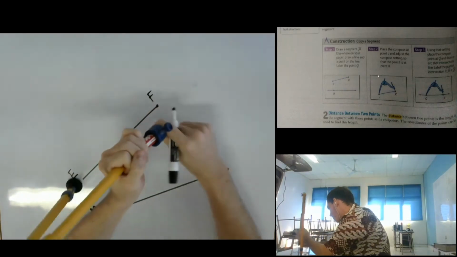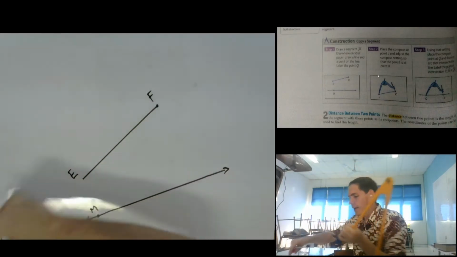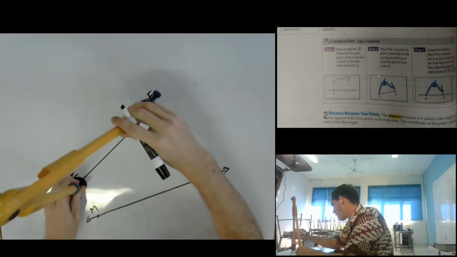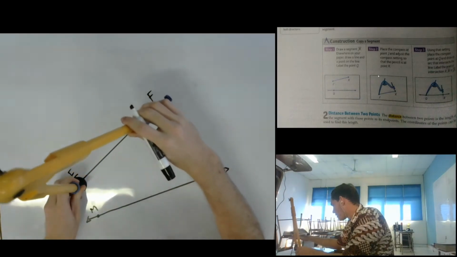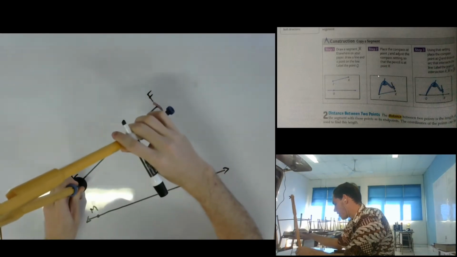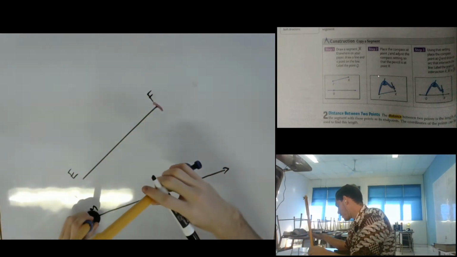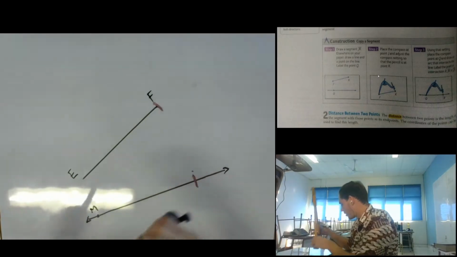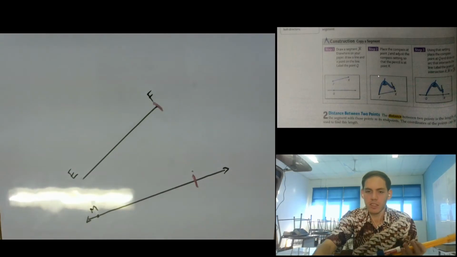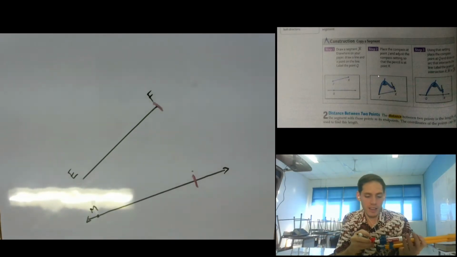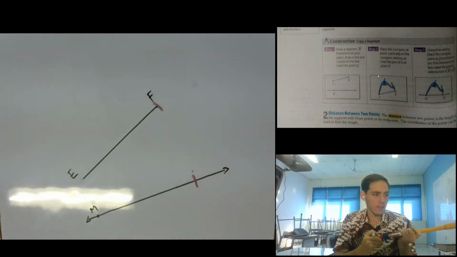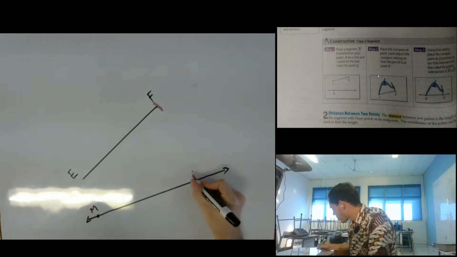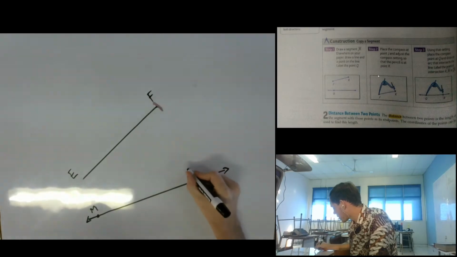compass, and you don't want to poke it through the paper. You just want to lightly put it on, and you want to measure the end point. Now I'm going to do the same thing, and what you're going to see is we're going to have a congruent line segment here, MN.